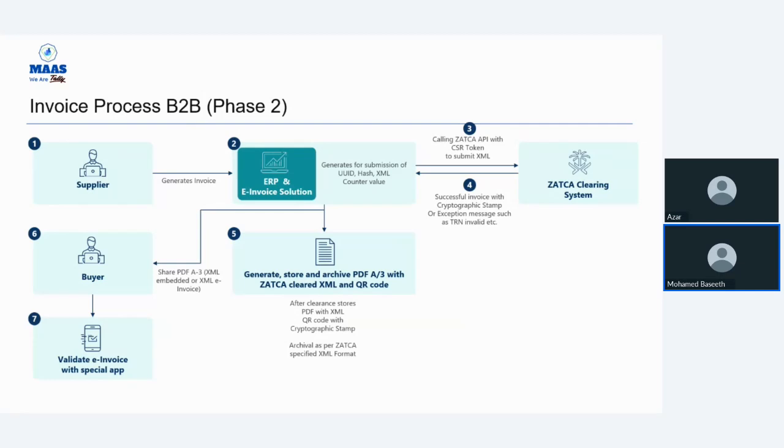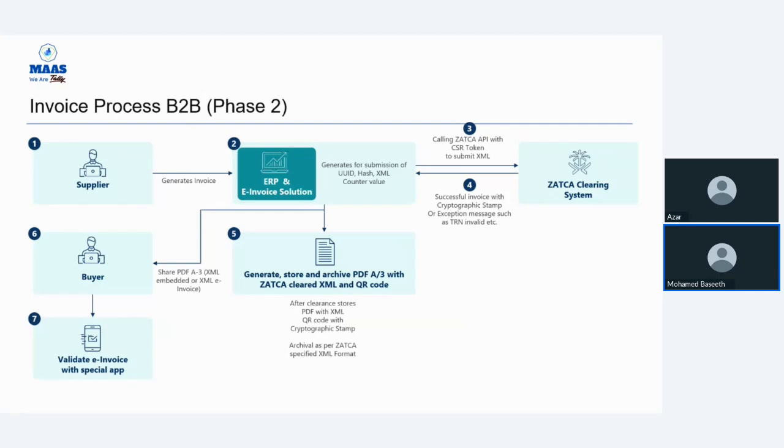This would be generated along with the XML file, and then the QR code. In addition to what we currently have, the QR code will also have some new fields that we will see in the next slide. Along with that, it will get stored in our system, right?